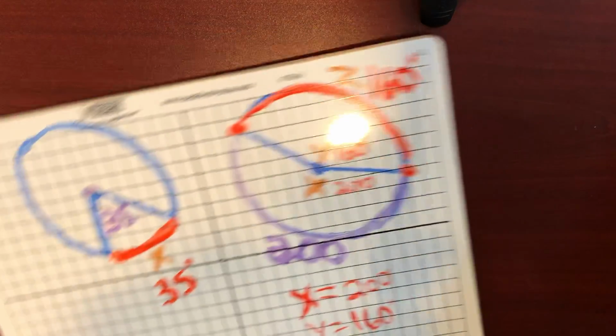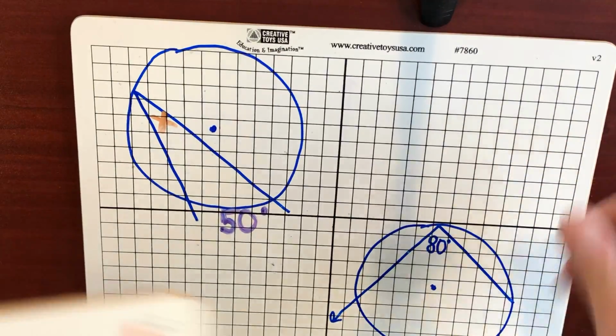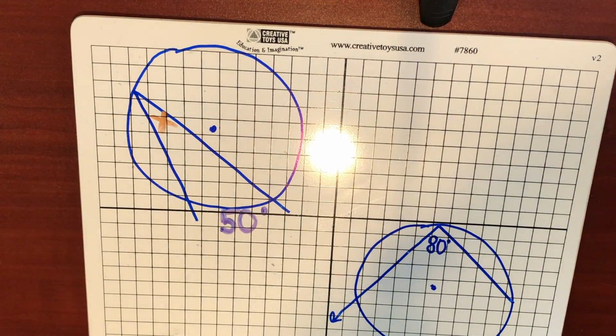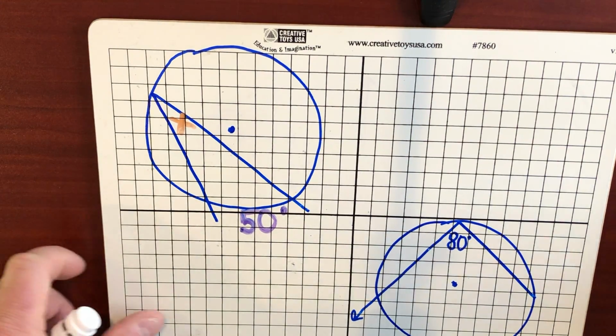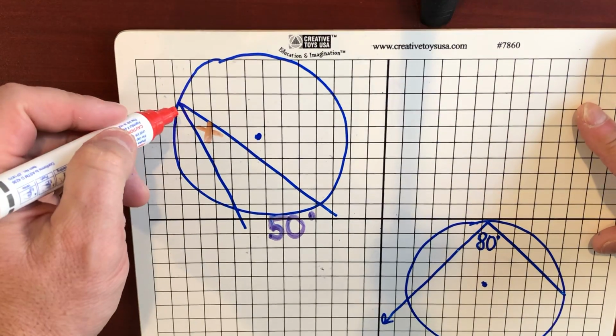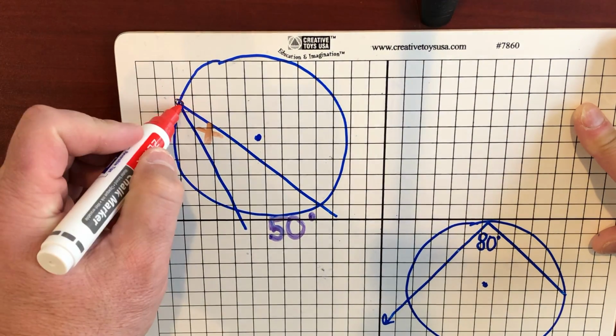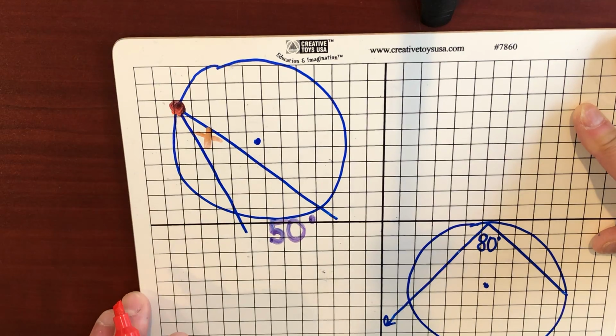The other types of angles that we had in yesterday's notes on the parts of a circle are what are called inscribed angles. Inscribed angles are angles whose vertex is on the edge of the circle.